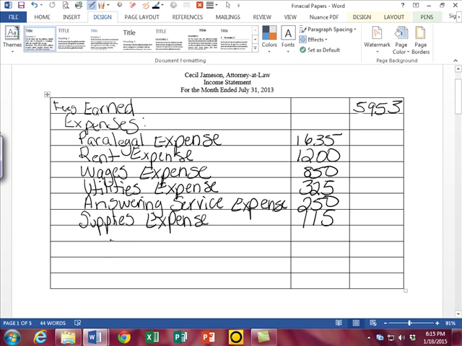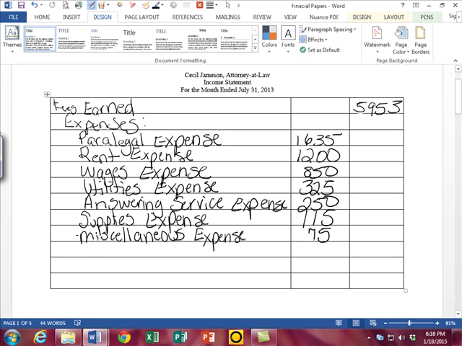We convert it over to supplies expense. That's considered an adjusting entry. And last, we have miscellaneous, $75.